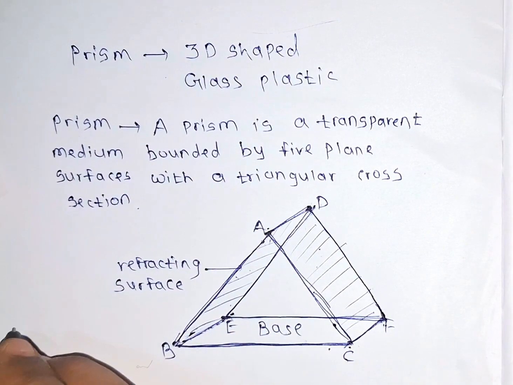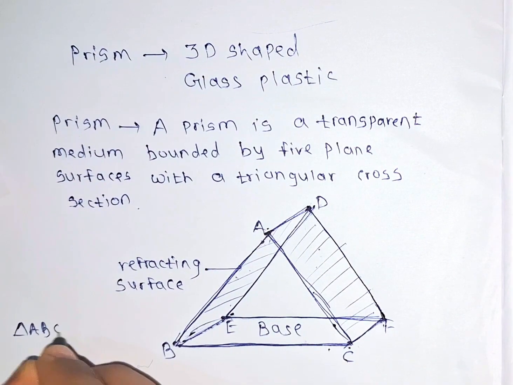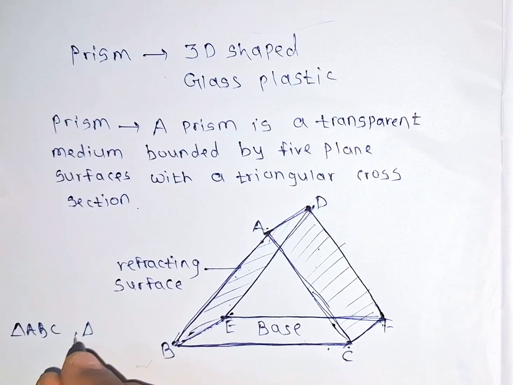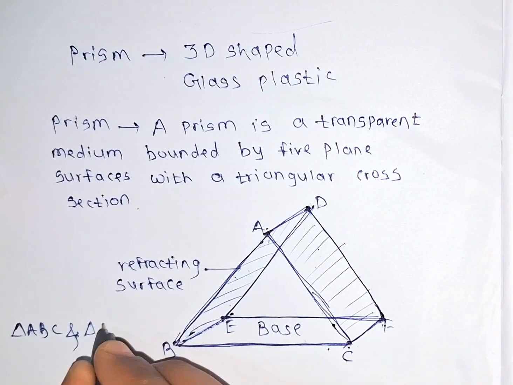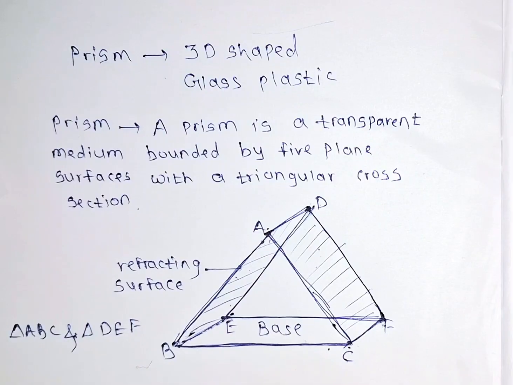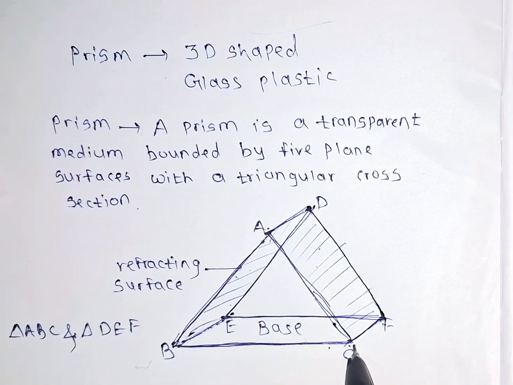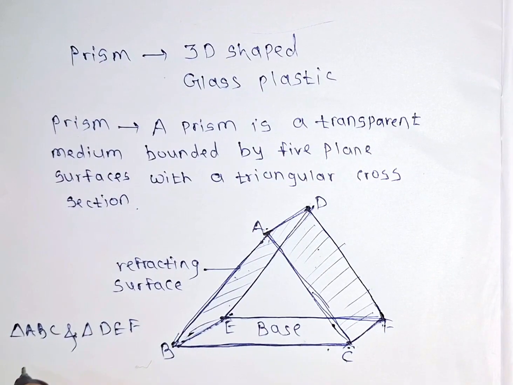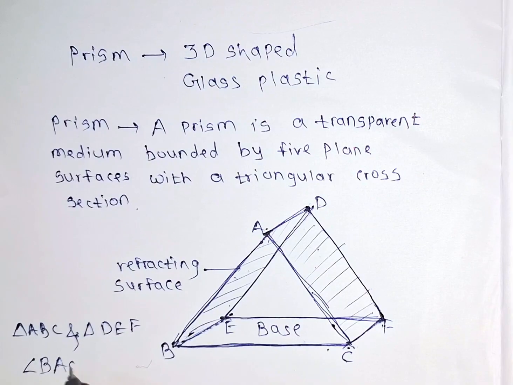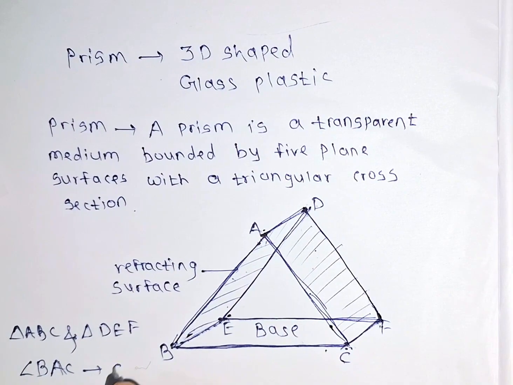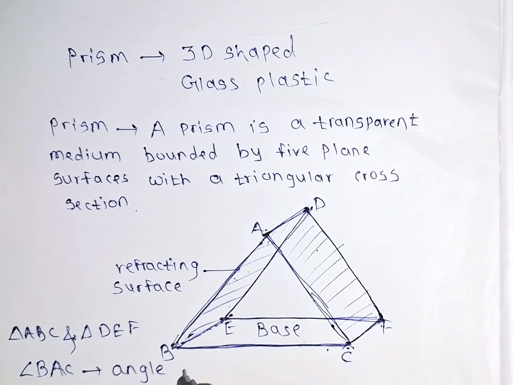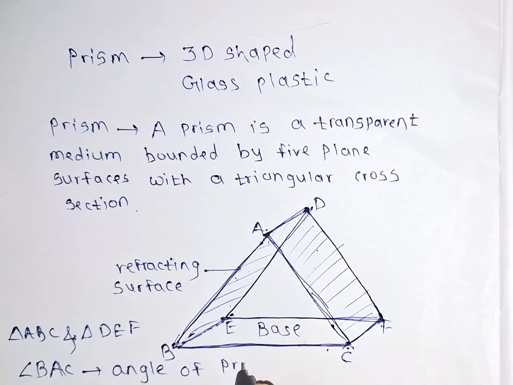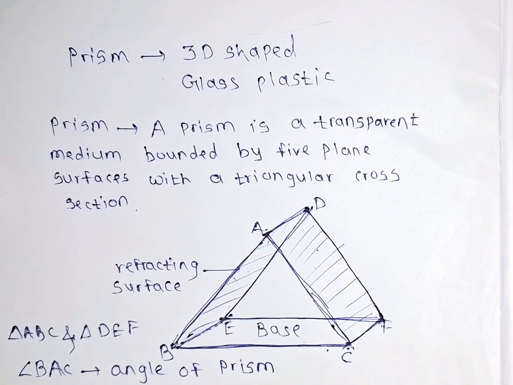A, B, C is a triangle, and this is triangle D, E, F. Here angle B, A, C is the angle of prism. Angle of prism.